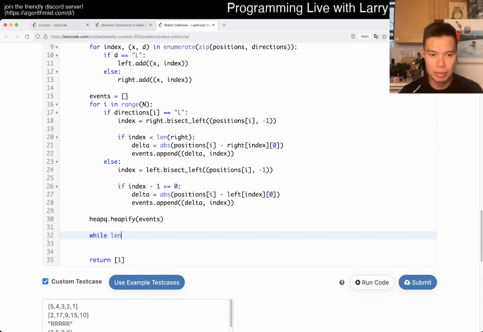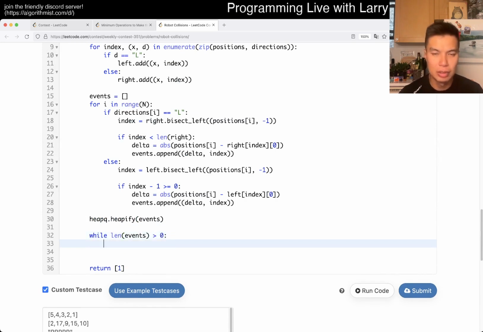So while length of events is greater than 0, what do we do? We have the delta, which we do not care for, and the index of the thing. This index is wrong.